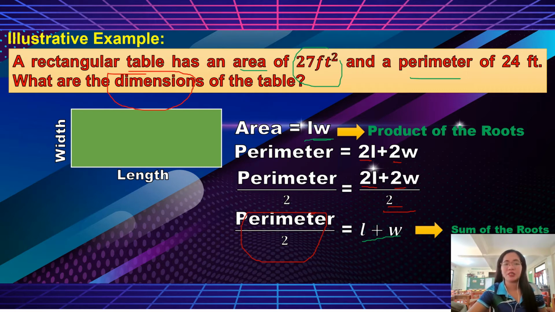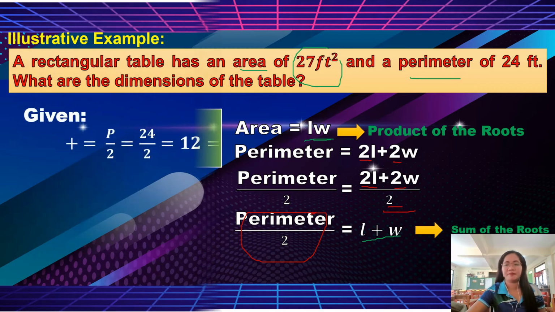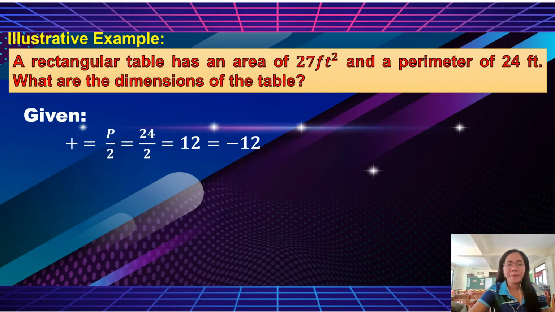Now let's proceed to its solution. The sum of the roots will be the perimeter over 2, and the value of our perimeter is 24 over 2. 24 divided by 2 is obviously 12.